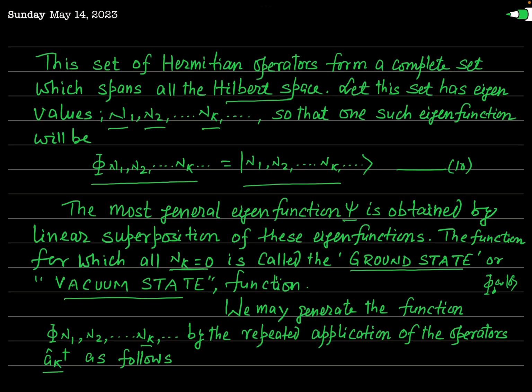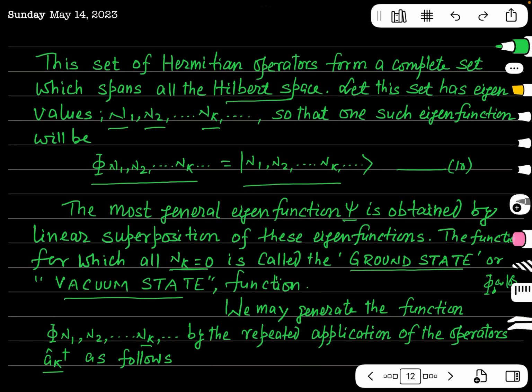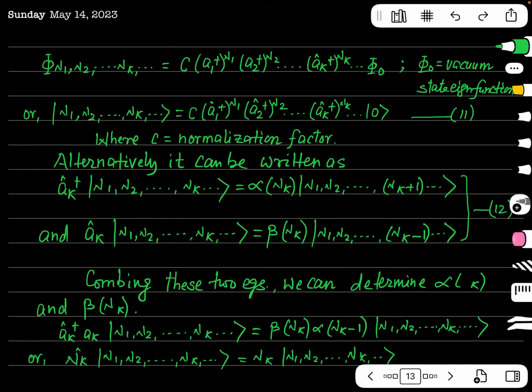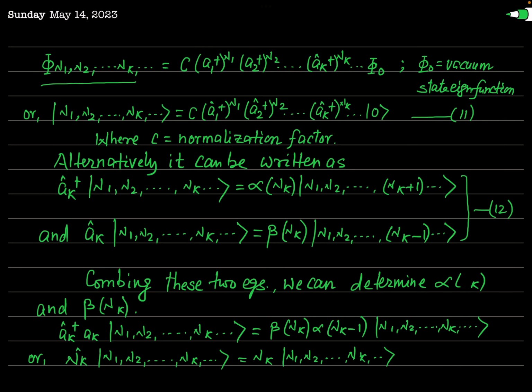Phi n1, n2, so on, nk can be written as C, where C is the normalization factor, a1 dagger to the power n1 times a2 dagger to the power n2, so on, ak dagger to the power nk, so on, phi naught.